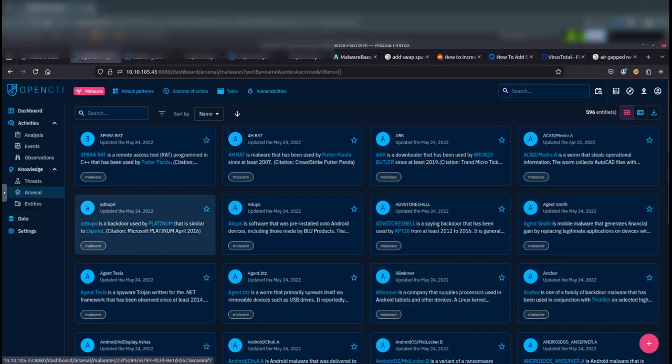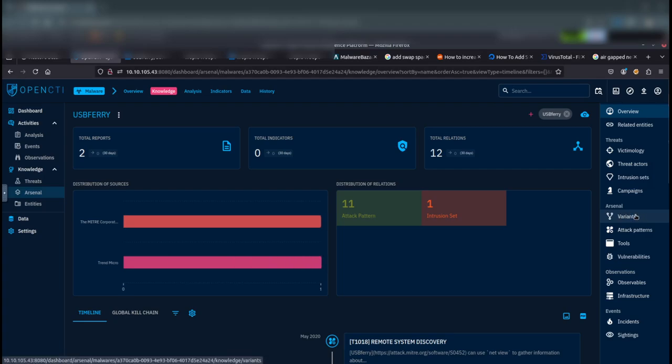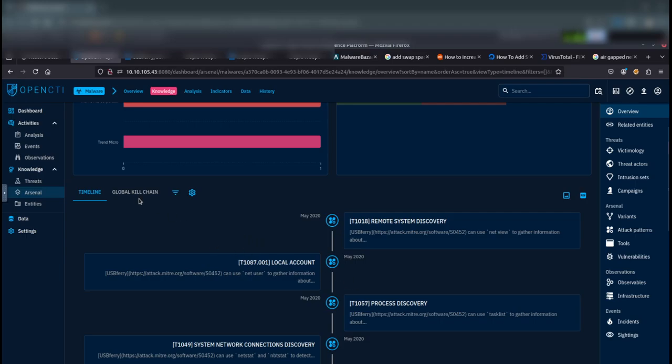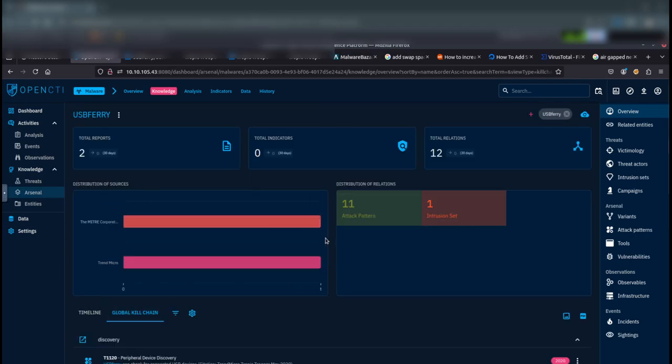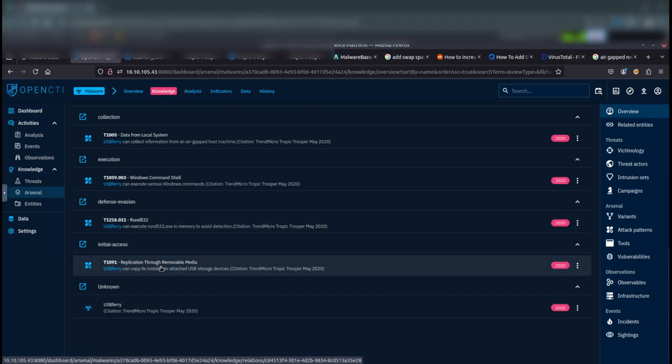Let me real quick switch to this one. USB. Initial access. So we need attack patterns or global keychain. Initial access will be the replication through the removable media.